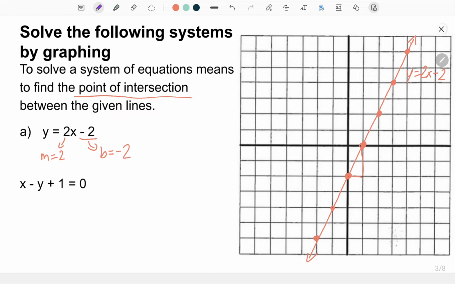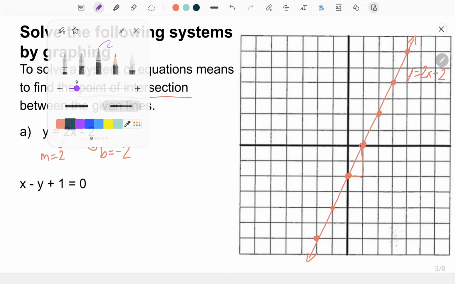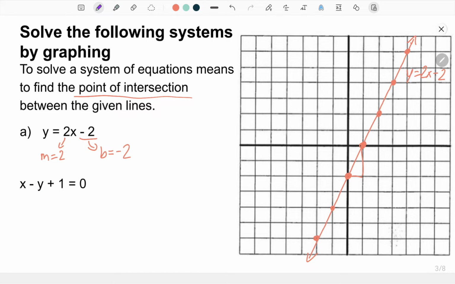All right, let's take a look at the second equation. We have x minus y plus 1. There's a couple of ways you could go through this. You could find the intercepts and graph it that way. What I'm going to do is rearrange this equation and get it into slope y-intercept form and plot it in a similar manner to the first one. So we want to get y by itself.